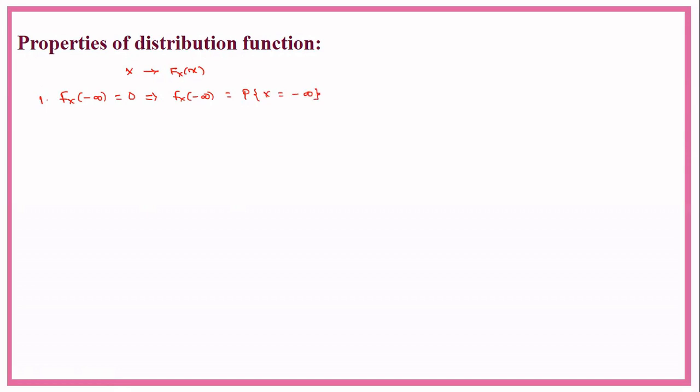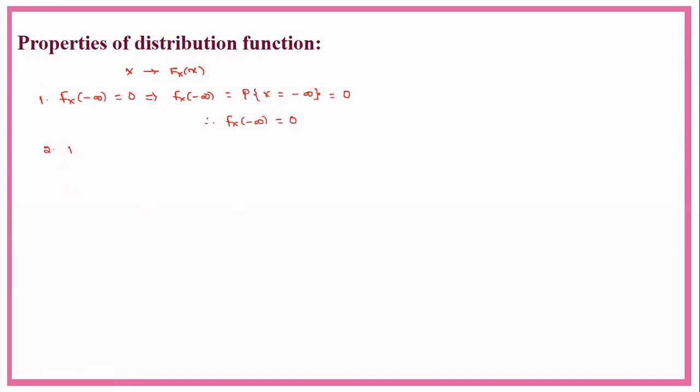Here x equal to minus infinity is an event which is also called an impossible event, and the probability of this impossible event is always 0. Therefore, the distribution function of this event is also 0.